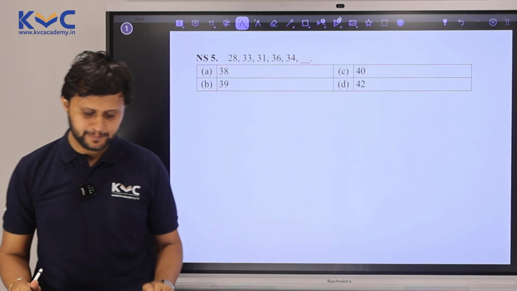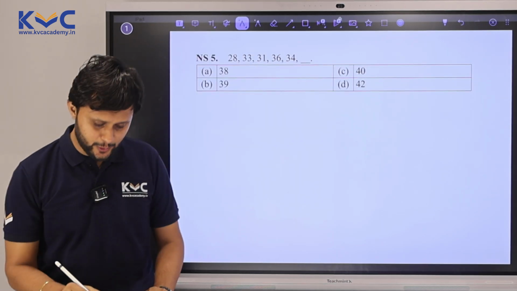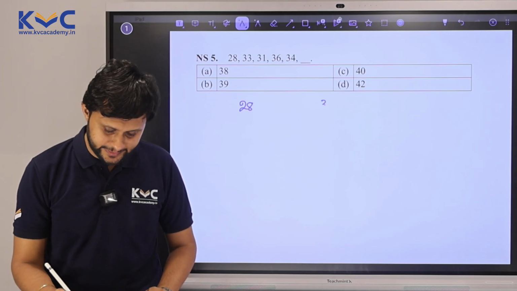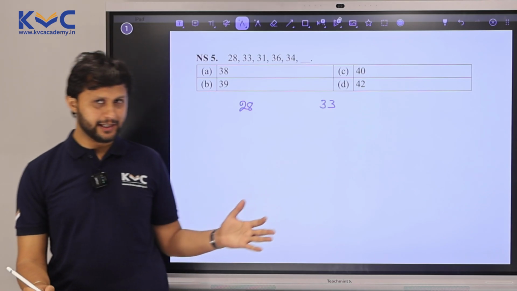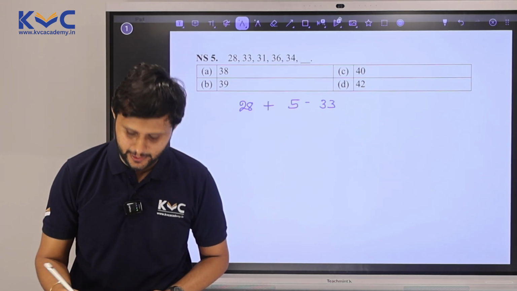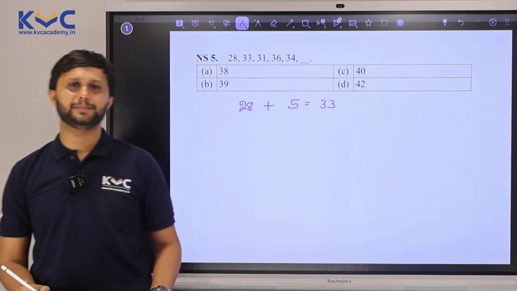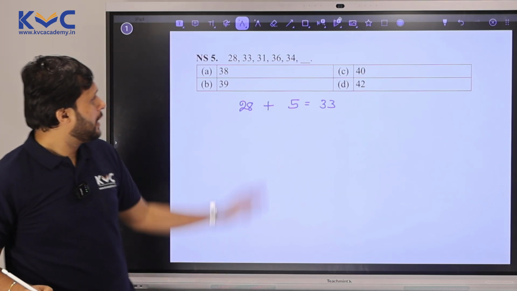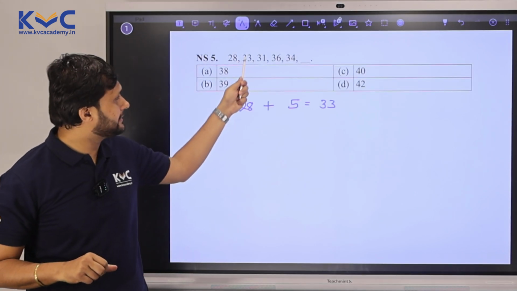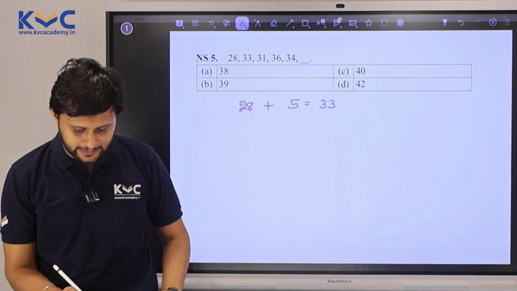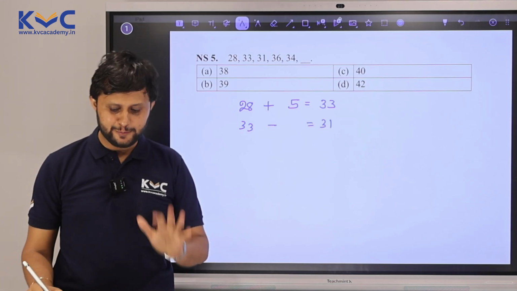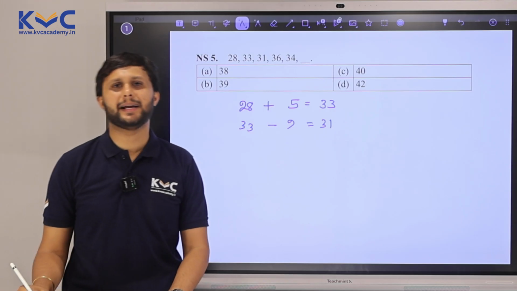Question number 5. Okay, so we have 28 and 33. It is increasing, 28 to 33, and we know it is plus 5. 28 plus 5 is 33. But if you see over here, after 33 it is decreasing. 33 to 31, the difference is 2, minus 2.